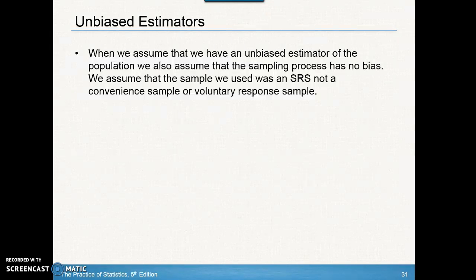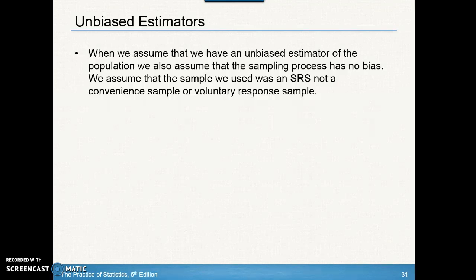Okay, so now when we assume that we have an unbiased estimator of the population, we also assume that the sampling process has no bias. So keep in mind, for our sampling distribution, we had to take many samples, find the mean and standard deviation of many samples, and then put those on the distribution and find the mean of my sampling distribution.